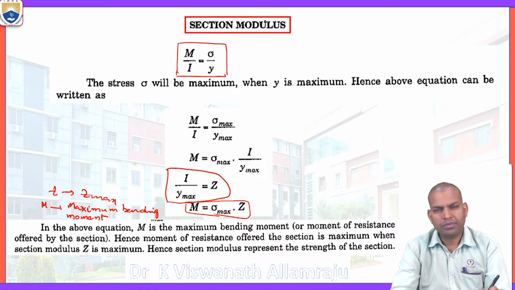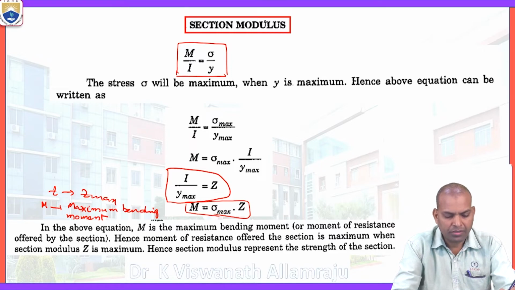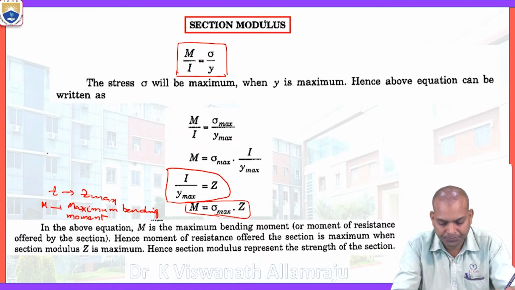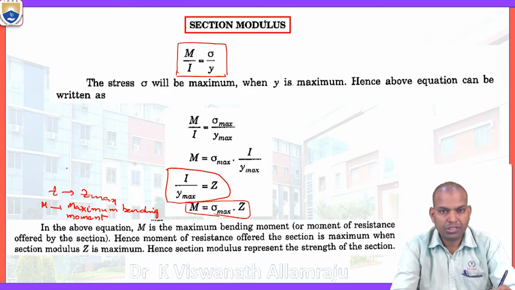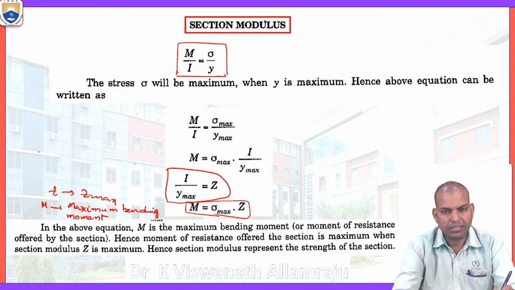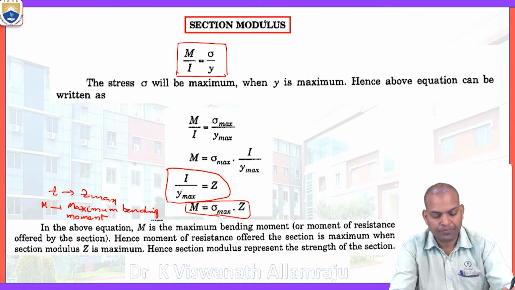Maximum bending moment means the moment of resistance offered by the section is maximum. That is, the moment of resistance is high. This moment of resistance becomes maximum when Z becomes maximum. Z represents the section modulus.